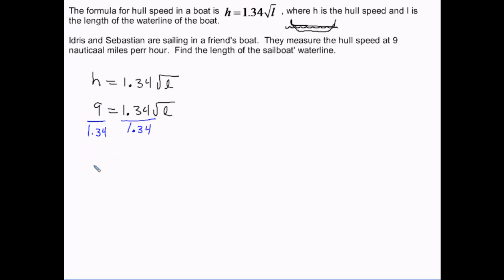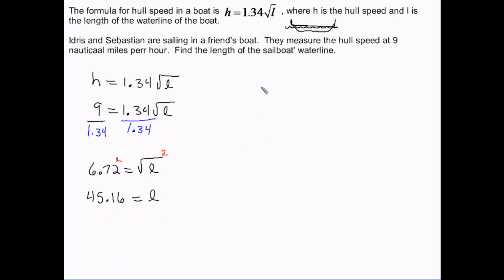And I get that 6.72 is equal to the square root of L. And I'm going to square both sides. And 6.72 squared is 45.16. So the length of the water line is 45.16 feet.